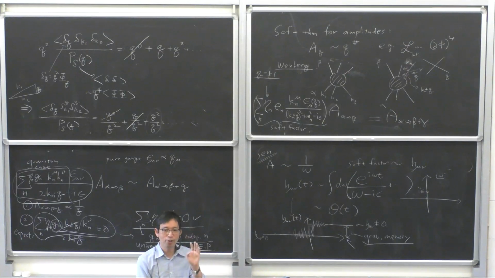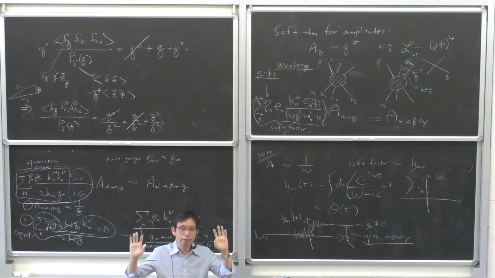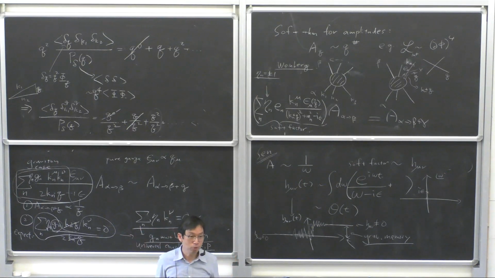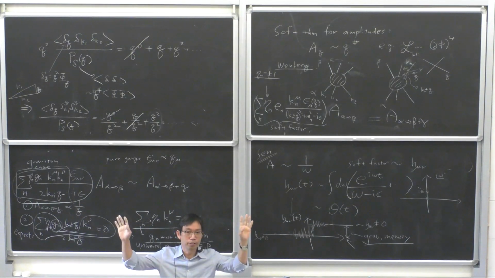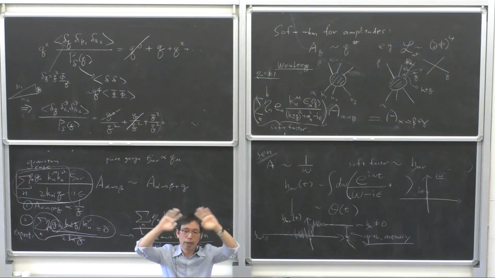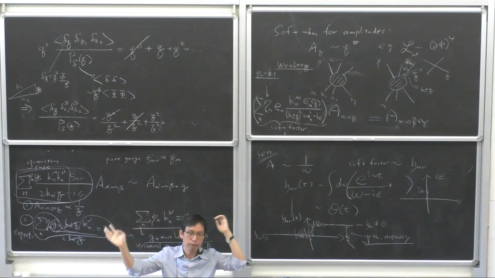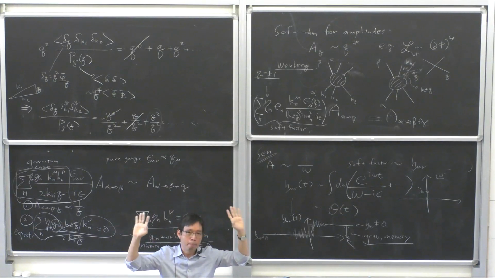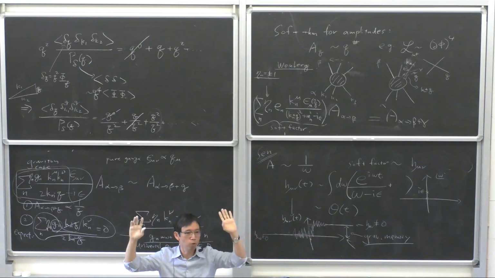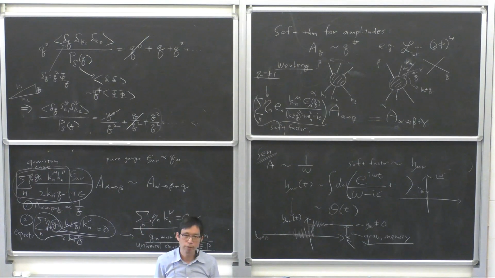So somehow, I have told you many different things about soft theorems now: soft theorem in cosmology, for correlation functions, and soft theorem in amplitudes. Secretly, there must be some relation between them, because in the end, amplitudes and correlation functions are related. And furthermore, the soft theorem, this kind of 1 over omega pole, implies something about gravitational memory.